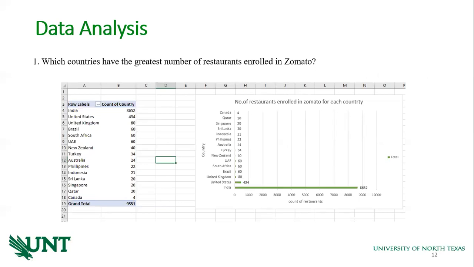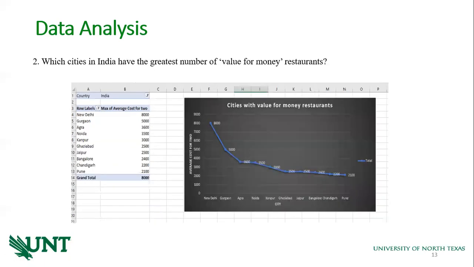The results obtained were interesting. As you can see from the graph, there are 8,652 restaurants recorded from India, followed by 434 from America, 80 from United Kingdom. India is a predominant country that uses Zomato for online ordering and restaurant reviewing.